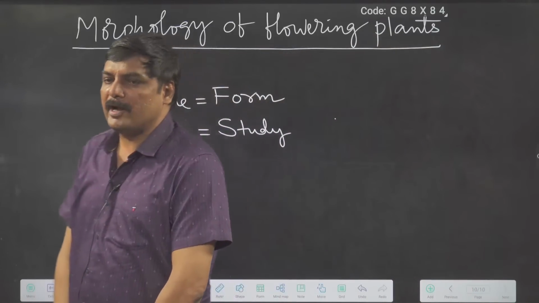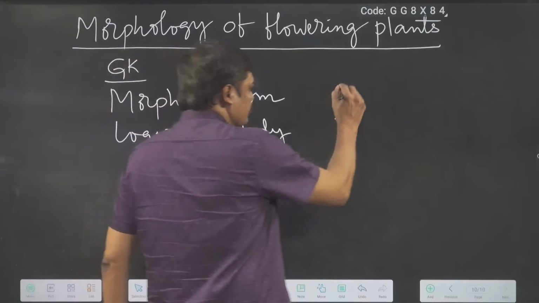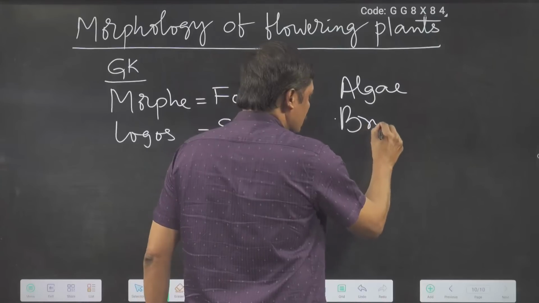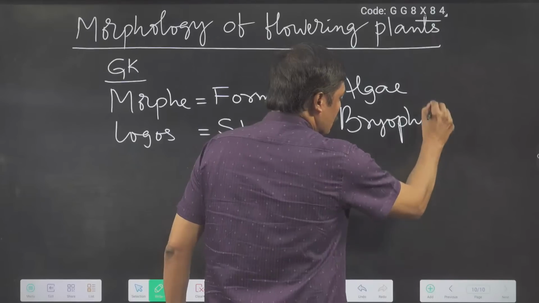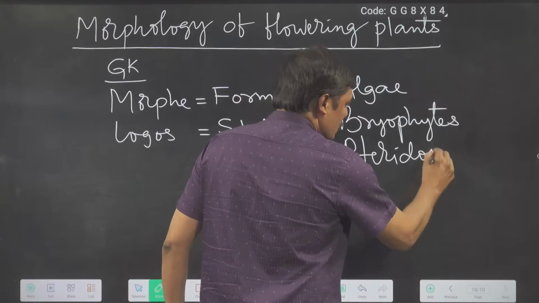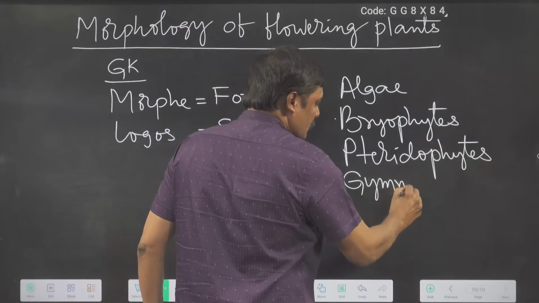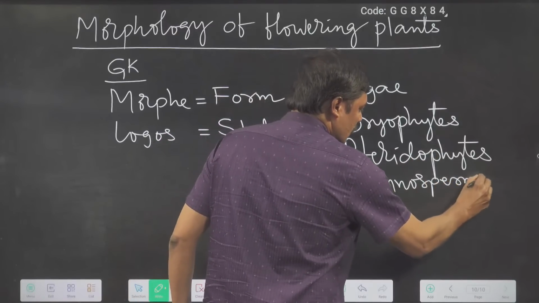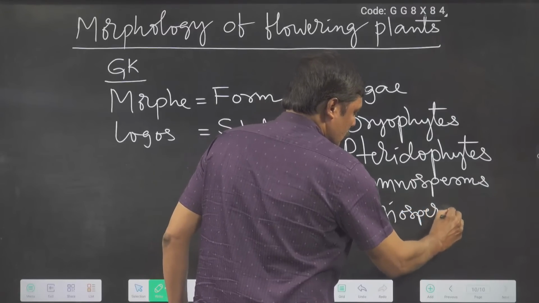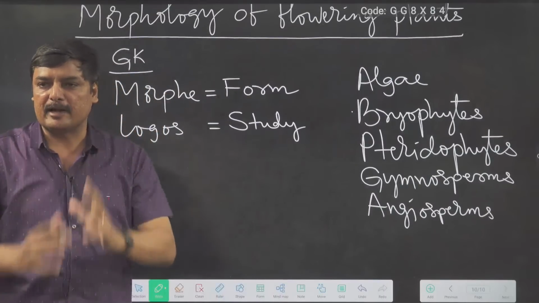You know, in the plant kingdom, there are 5 groups of plants, namely algae, bryophytes, pteridophytes, gymnosperms, and angiosperms. These 5 groups of plants constitute the plant kingdom.